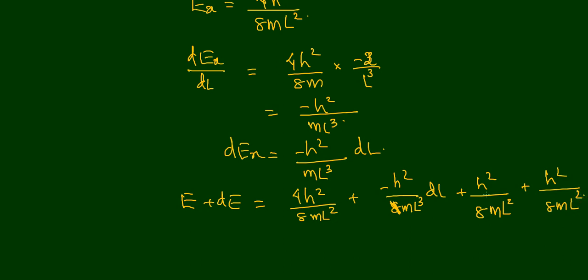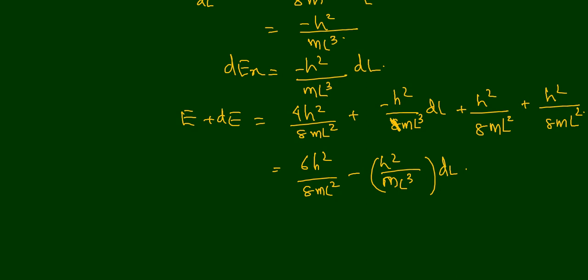So we can write 4h² divided by 8ml² plus h² divided by 8ml² plus h² divided by 8ml², which is equal to 6h² divided by 8ml² minus h² divided by ml³ dl. Okay, so this is the new energy when there is a distortion in the x direction.